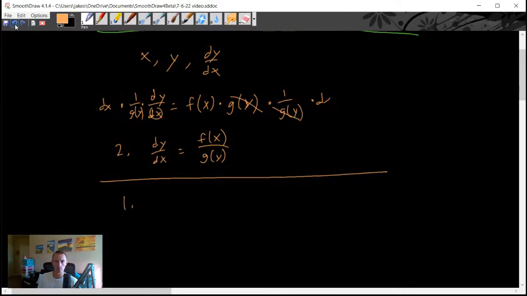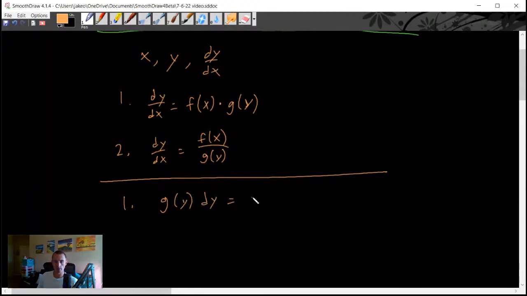Once we do that, all we would end up with is moving all of our y's from the right side of our equation over to the left, moving our x from the left side over to the right, and we would just end up with g of y times dy equals f of x times dx.